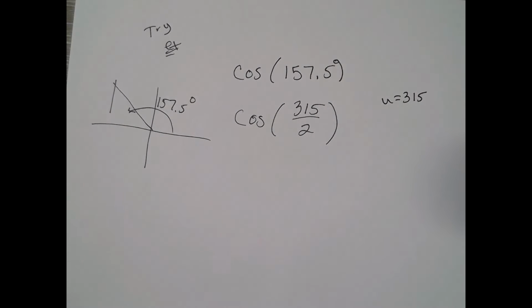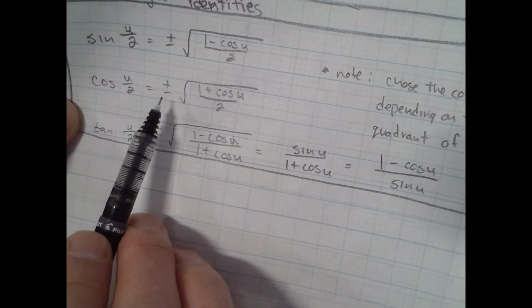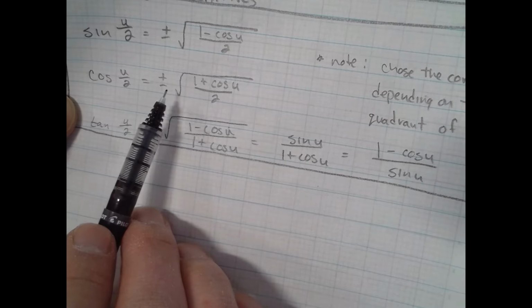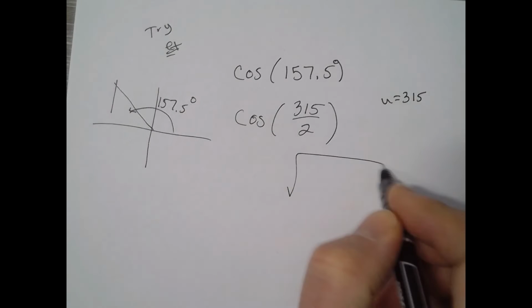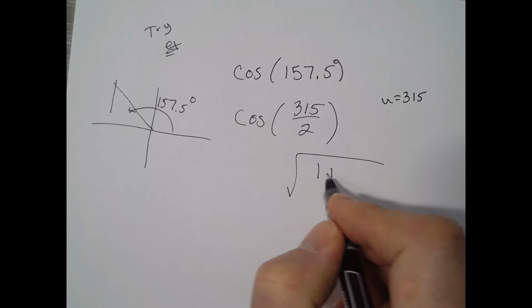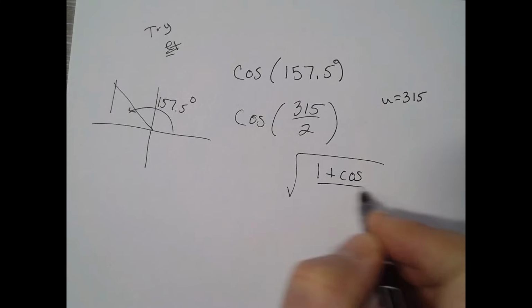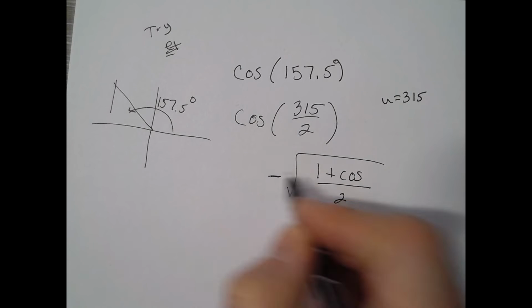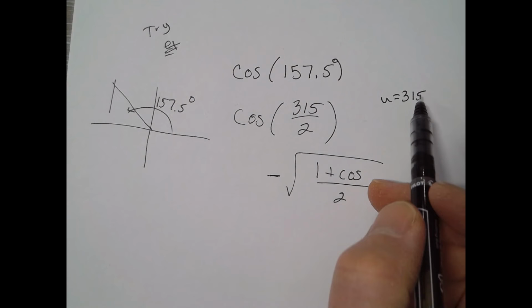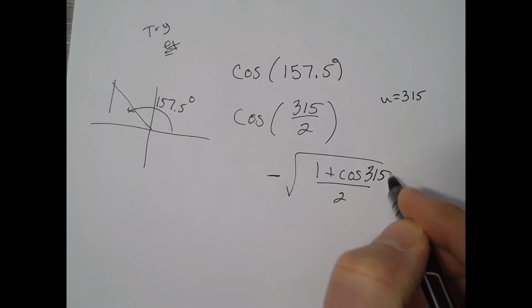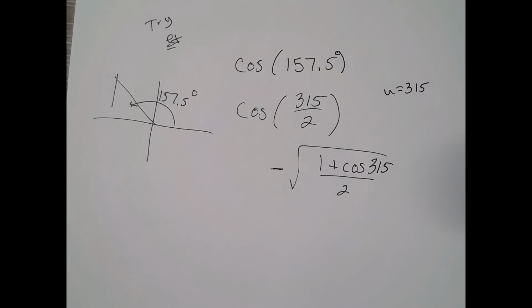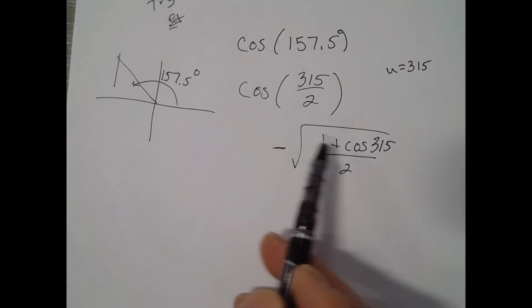So then cosine of u over 2, we're going to do the negative square root of 1 plus cosine u over 2, and our u is 315. So we just have to figure out what that is.